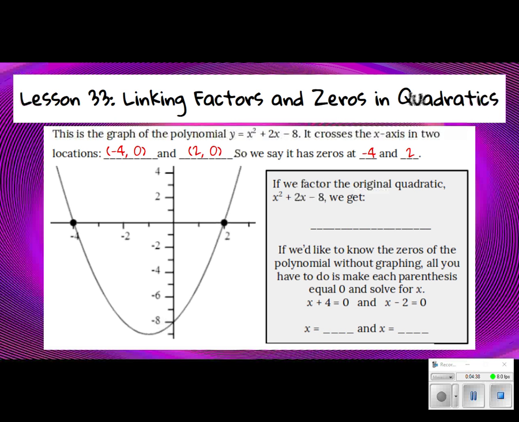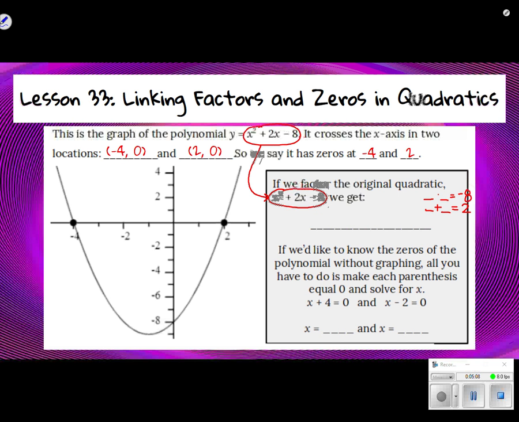So let's play around with this idea of factoring and zeros. What we're going to do is take the piece that's on the right-hand side of this y equals equation, and we're going to look at that and factor it. If we were going to factor this, we would want to find two numbers that multiply to give us -8. Those same two numbers have to add to give us 2.